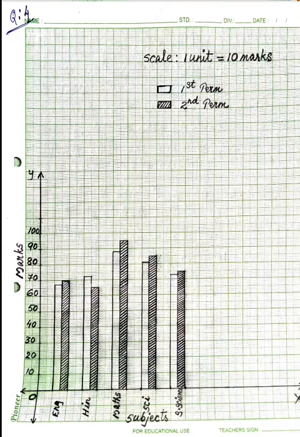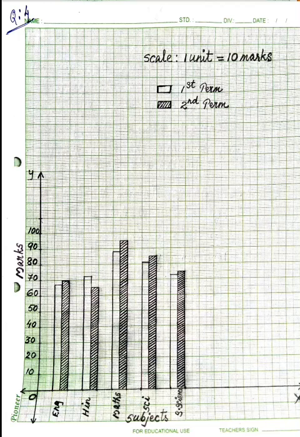Of all these subjects, the difference between the heights of the first term bar and the second term bar is seen maximum in case of Maths. That is, first term 88, second term 95. So the difference is 7. So we can say that the child has improved the most in Maths, because the difference between the first term bar and the second term bar is the most in case of Maths.